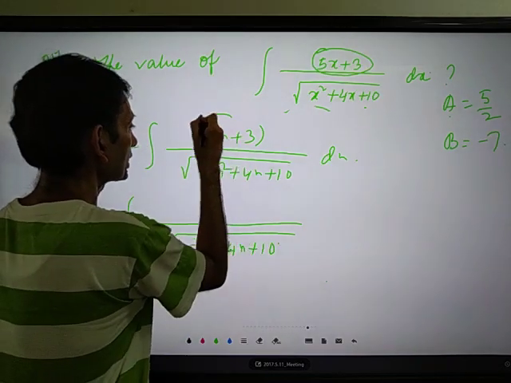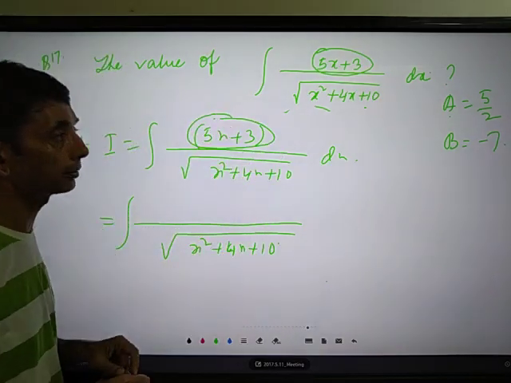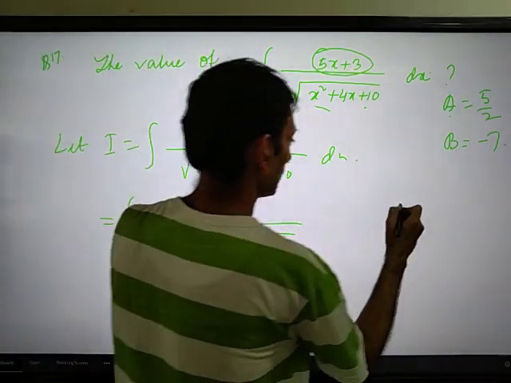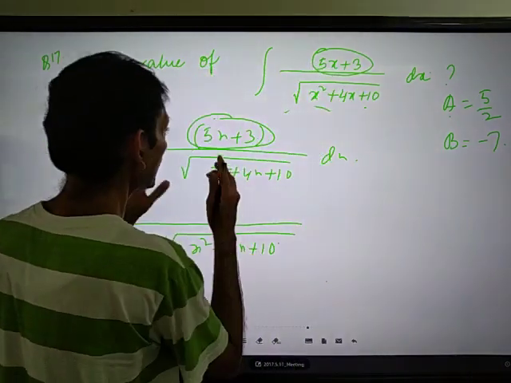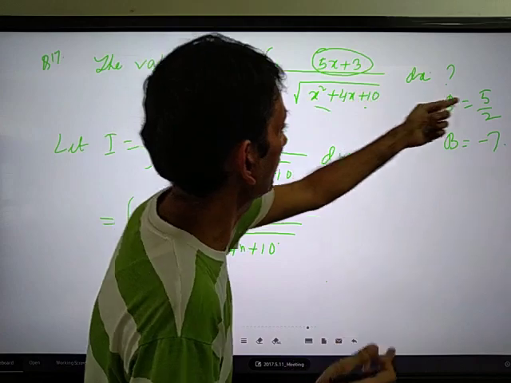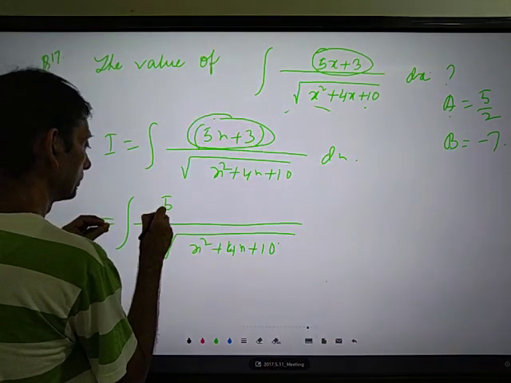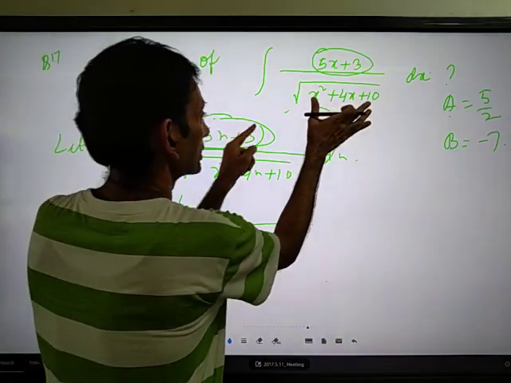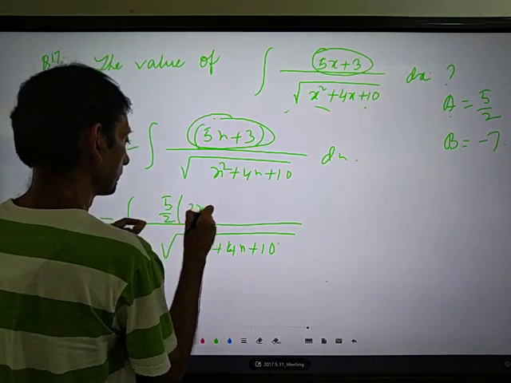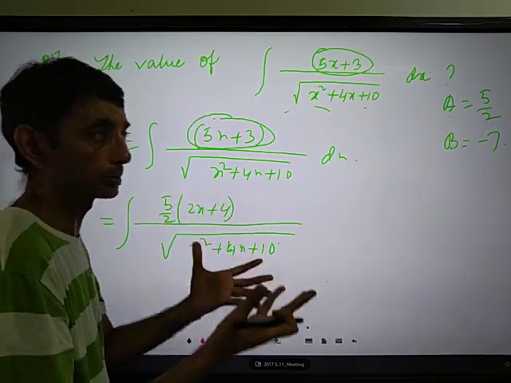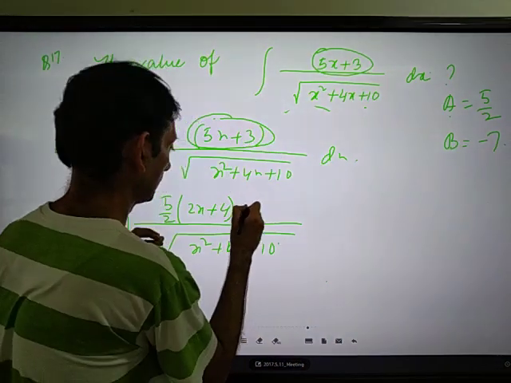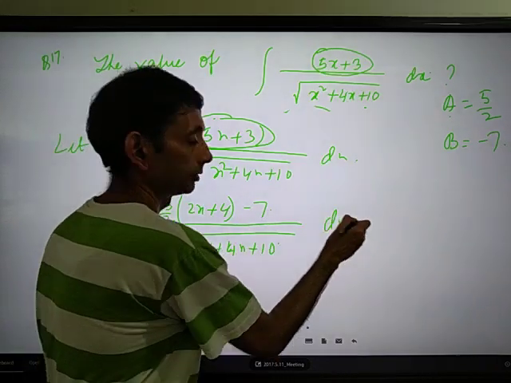The numerator we have written as a times the differentiation of this. What is the value of a? It is 5 by 2, and the differentiation of this is twice x plus 4, and plus b. Plus b is what? It's minus 7 dx. Fine.